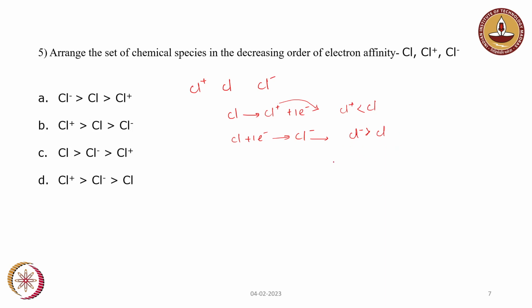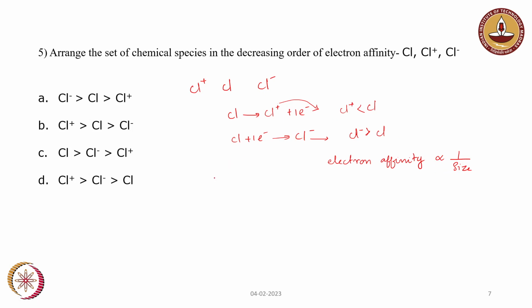So the dependency of electron affinity on size is proportional to 1 by size. The bigger the size, the lower the electron affinity.